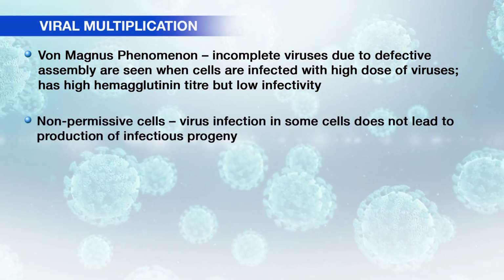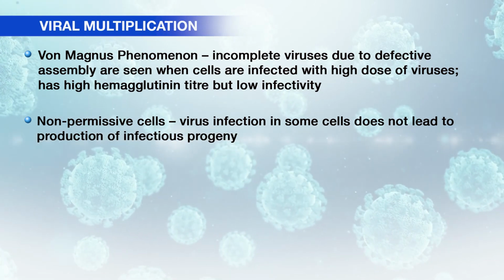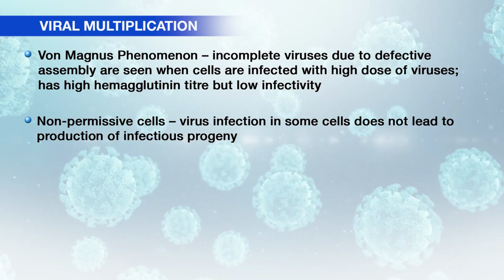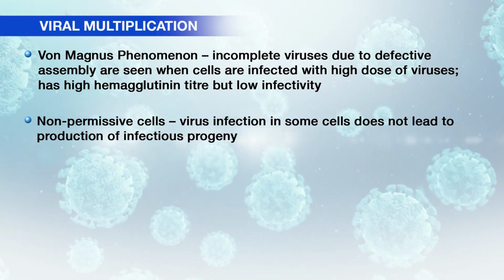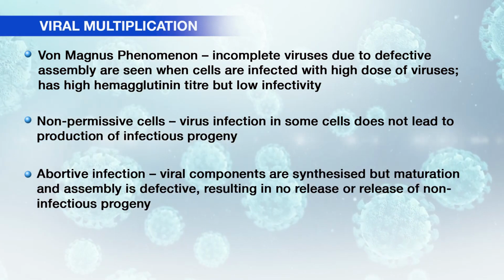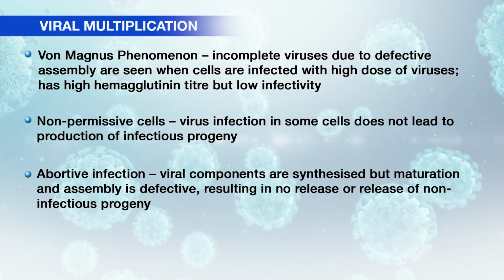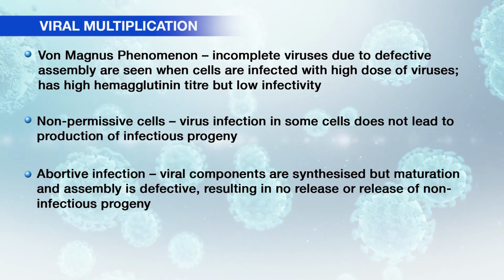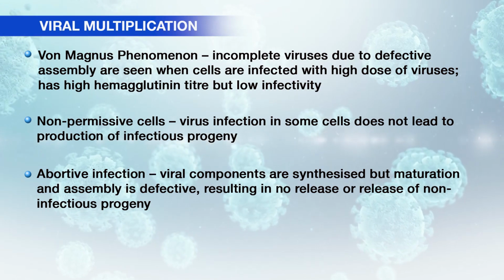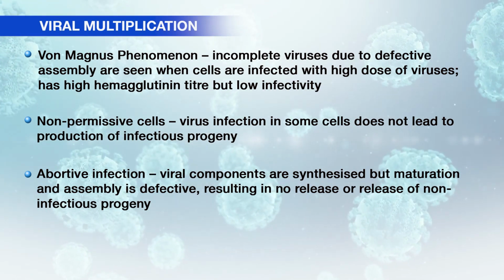A couple of other phenomena that you also see are non-permissive cells, where virus infection in some cells does not lead to the production of infectious progeny. Another thing you see is abortive infection. In this, the viral components are synthesized, but the assembly and maturation are defective, hence you will not have a progeny, or there will be no release of such virions.